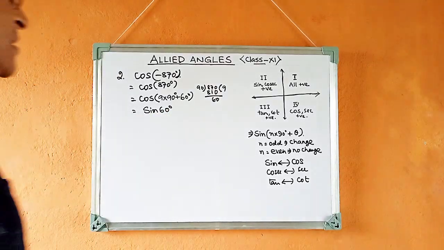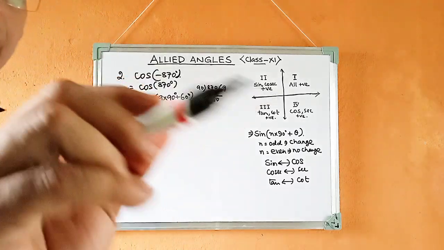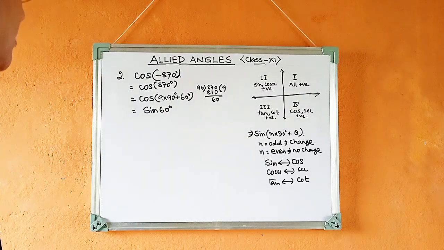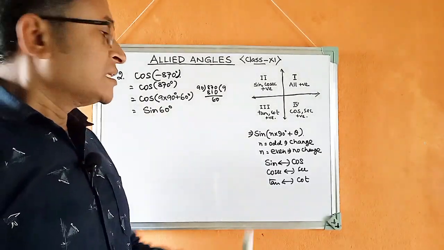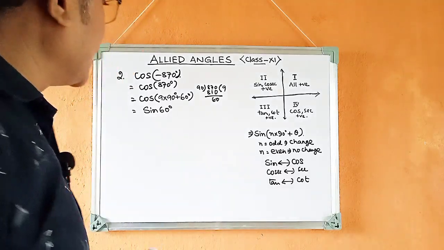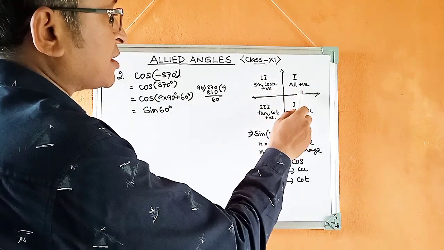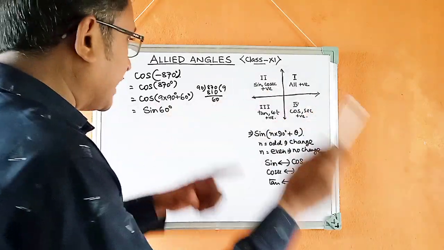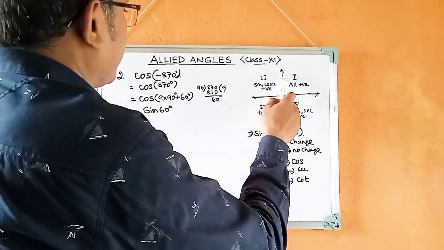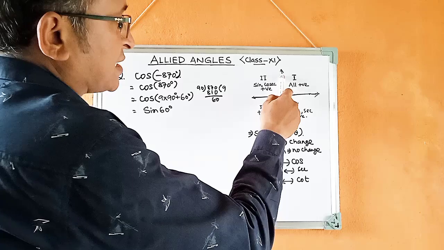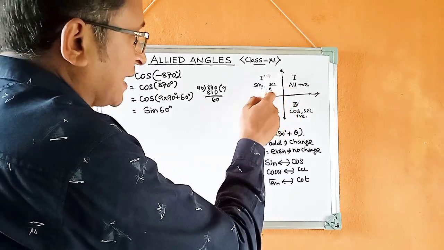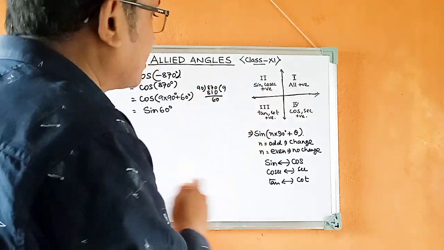Now next is a very important thing, that is minus or plus. Now see in which quadrant the angle is situated. Look, cos 9 into 90 degree, that means one complete rotation 4, again complete rotation 4, 4, 4, 8, then 9. Then plus 60 degree, that means we enter the second quadrant.